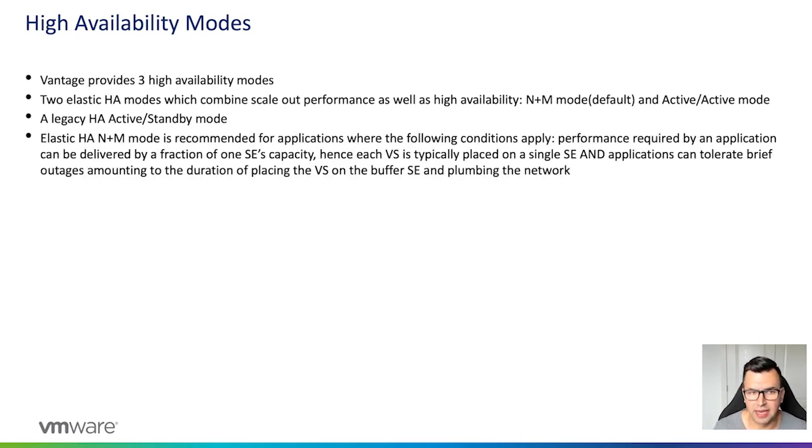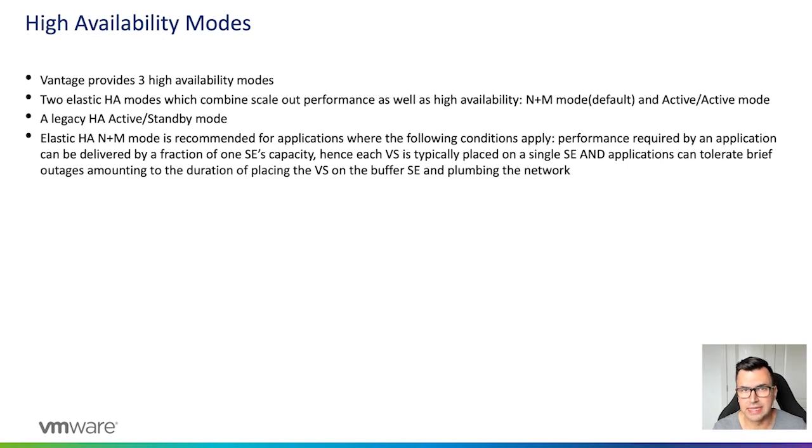The elastic HA N+M mode is recommended for applications where two conditions apply. First, the performance required by an application can be delivered by a fraction of one SE's capacity. Therefore, each virtual service is typically placed on a single SE. Again, that service engine in general can host multiple virtual services, and in this mode the virtual service performance can be delivered by a fraction of that service engine.